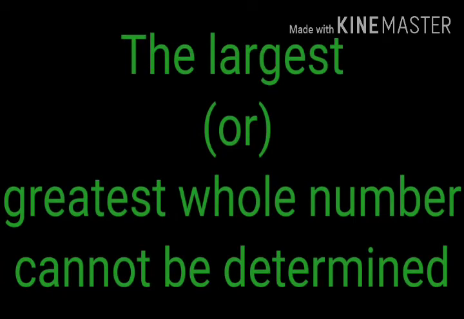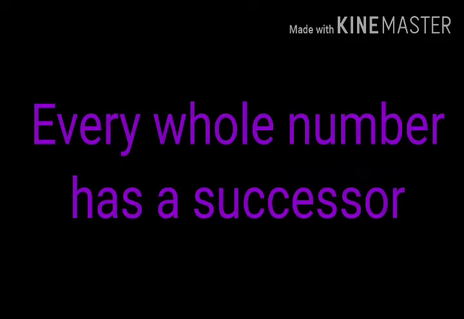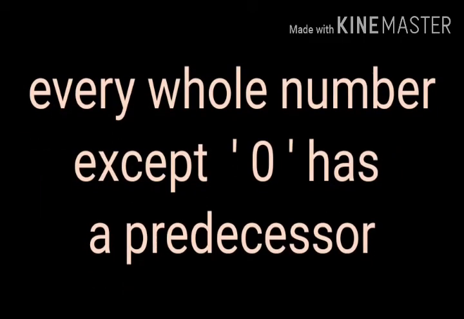The greatest whole number cannot be determined. Every whole number has a successor, meaning the number after it. Every whole number except 0 has a predecessor, but 0 has no predecessor. For example, the predecessor of 2 is 1, but 1 has no whole number predecessor... rather, 0 has none.